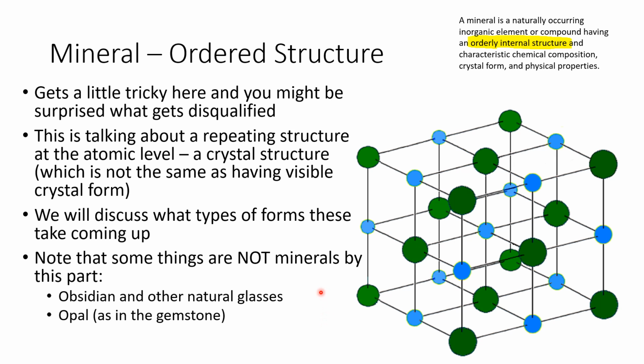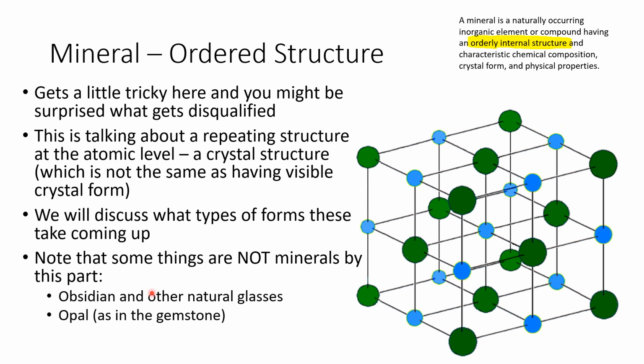That is interesting because it rules out a couple of things that you might think of as minerals. If you've ever seen the gemstone opal, it looks like a mineral, but it isn't, because it doesn't have this orderly internal structure. It's kind of a random assortment of globs of silica stuck together.